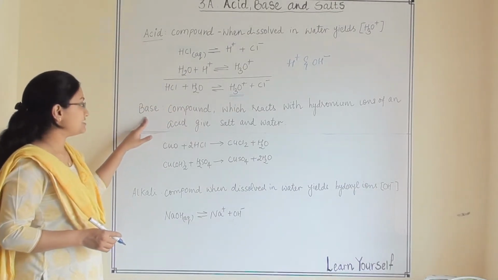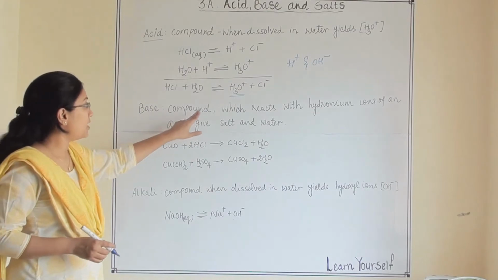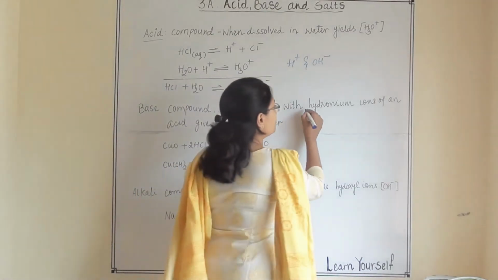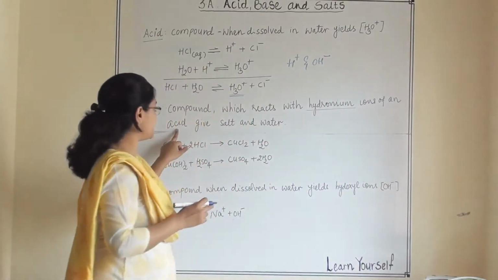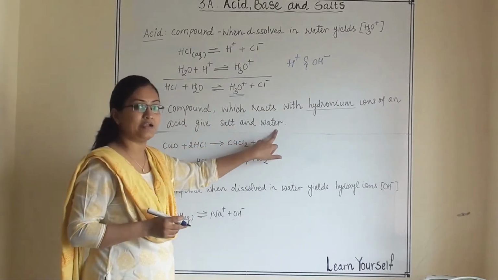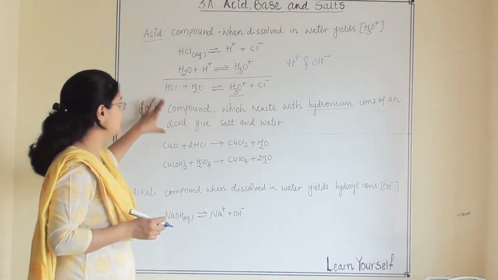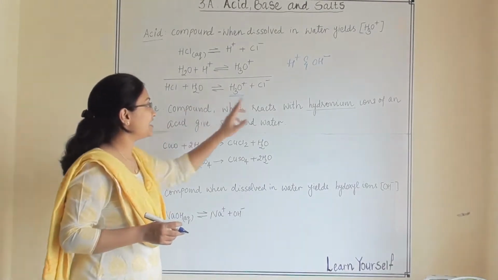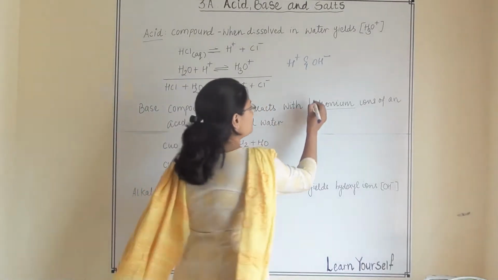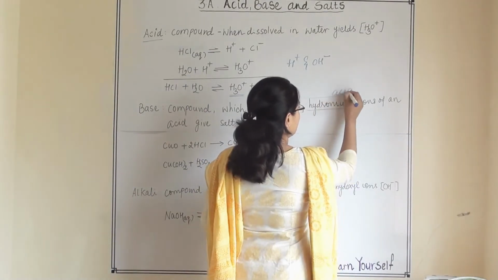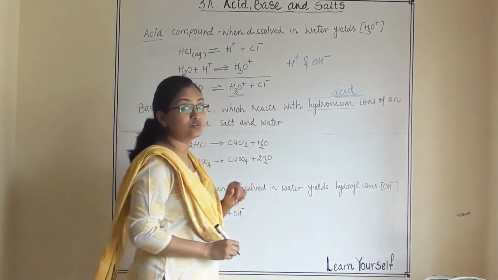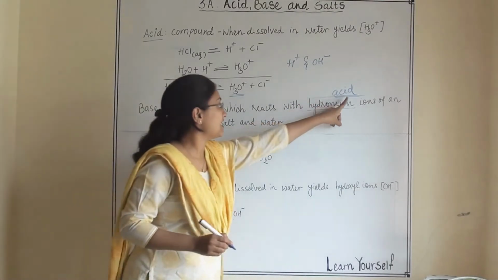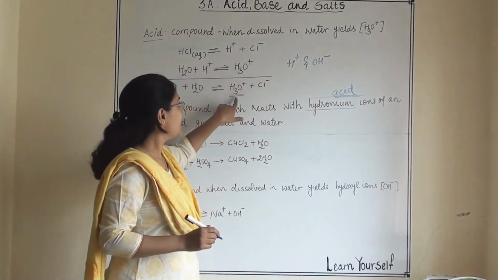Then base. What are the bases? A compound which reacts with hydronium ion of an acid gives salt and water. This is the same as a neutralization reaction. So base will react with hydronium ion as good as when it is reacting with acid, because acid gives you hydronium ion.